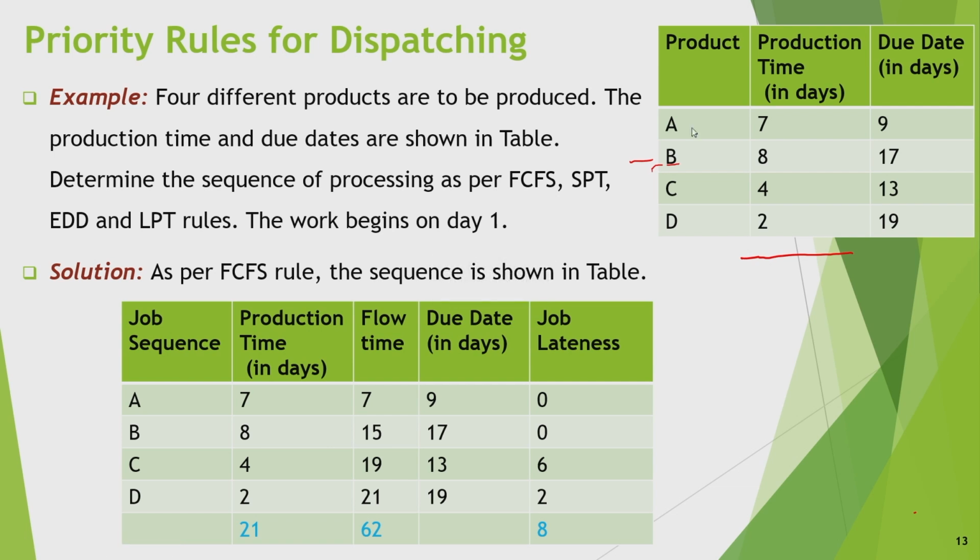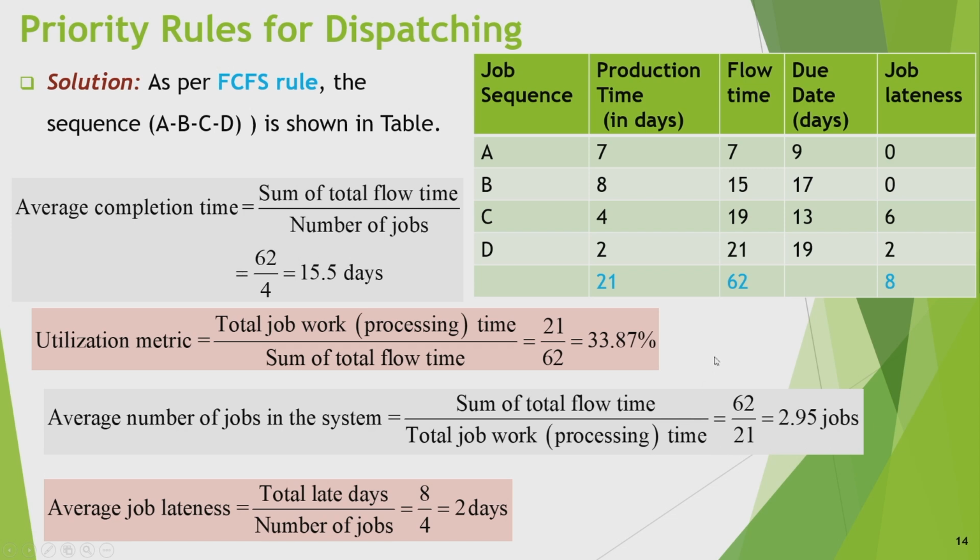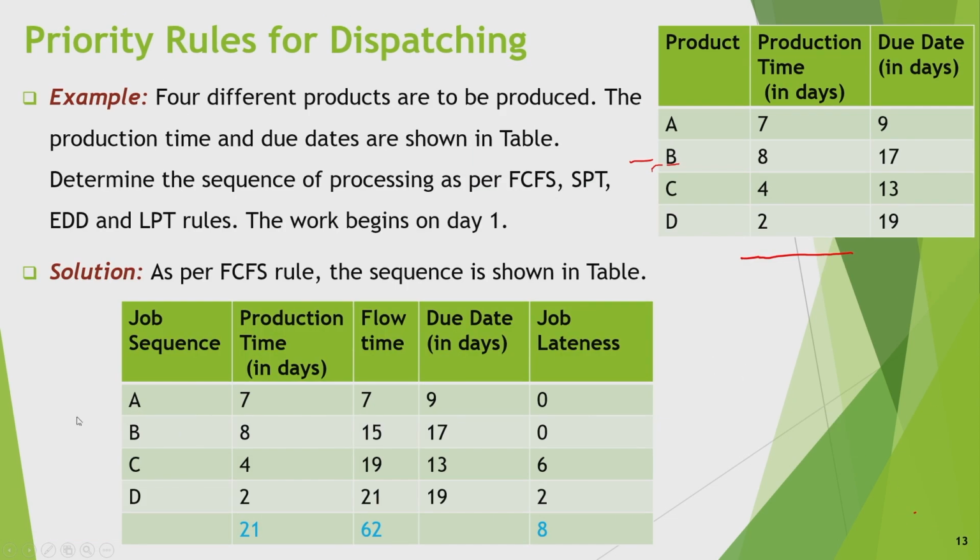So, we have job A, job B, job C, job D, and the times. Now, for this example, determine the sequence of processing as per the FCFS, SPT, EDD and LPT rules.